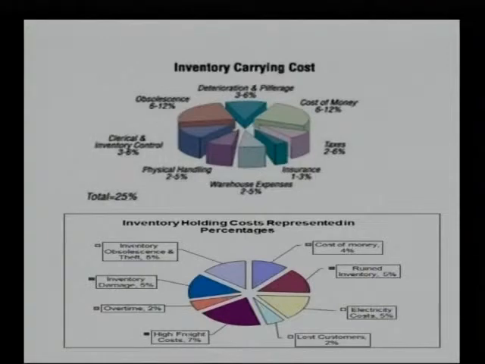All these costs put together form the inventory carrying cost. That means the cost to carry or hold an inventory. The next diagram below gives the percentage of the total cost. So, inventory obsolescence is 5%. If you see, the maximum cost of carrying an inventory is high freight cost.